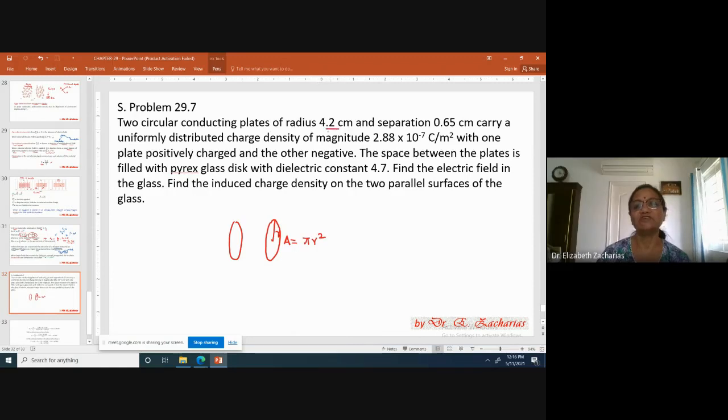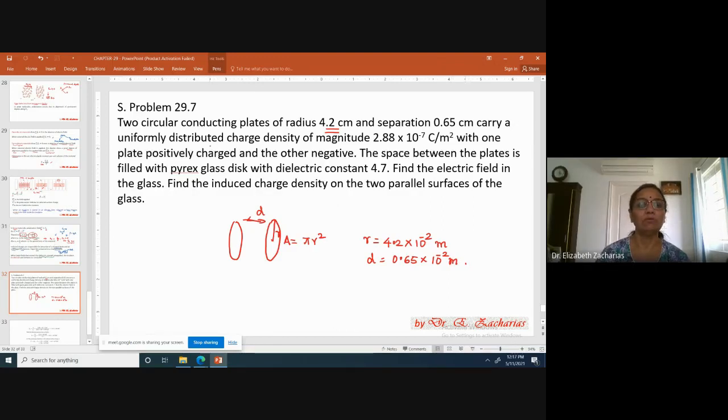The radius is 4.2 centimeters, or 4.2 into 10 to the power of minus 2 meters. And the separation between them is 0.65 centimeters, or 0.65 into 10 to the power of minus 2 meters.